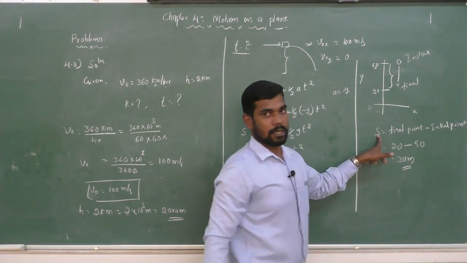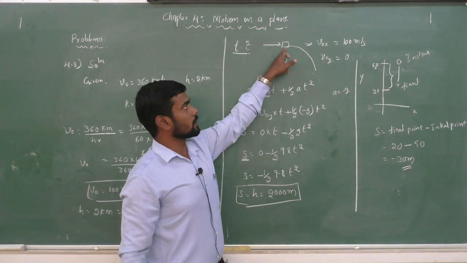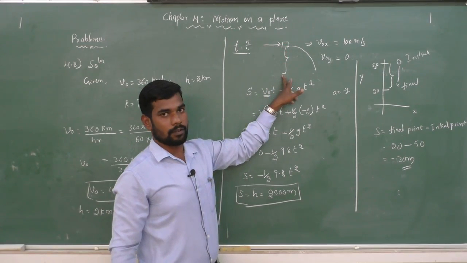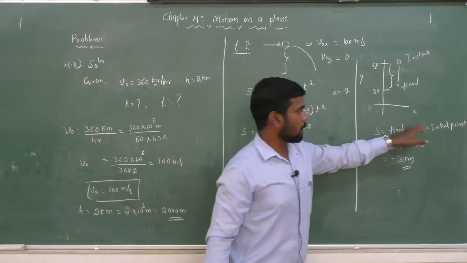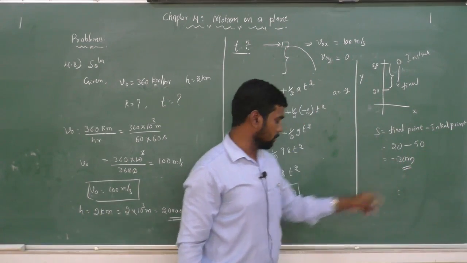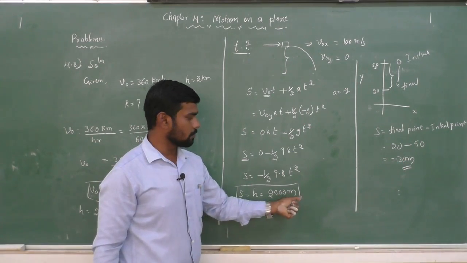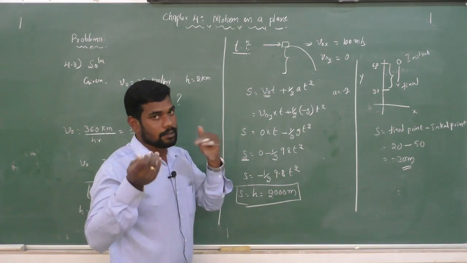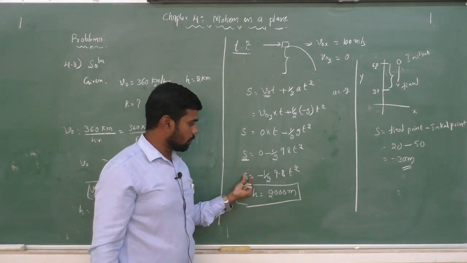That is the displacement, because your object is moving downward. Initially it had a higher value compared to the final value. That's why final minus initial position comes out negative. That's why h will be minus 2000 meter in this equation. In this particular condition, the displacement will be negative.